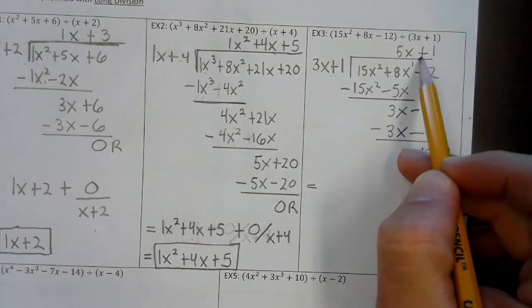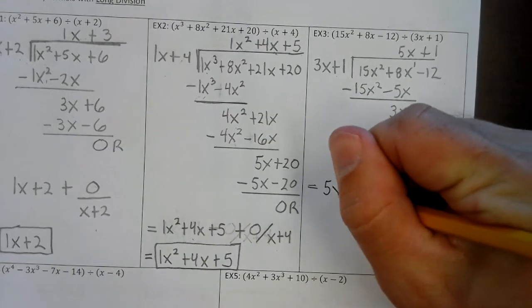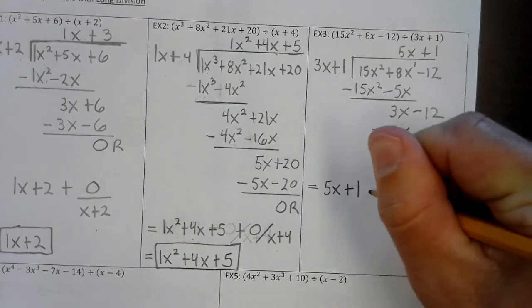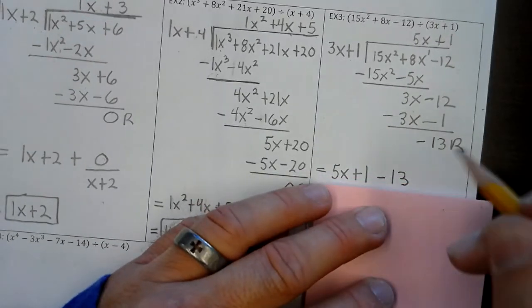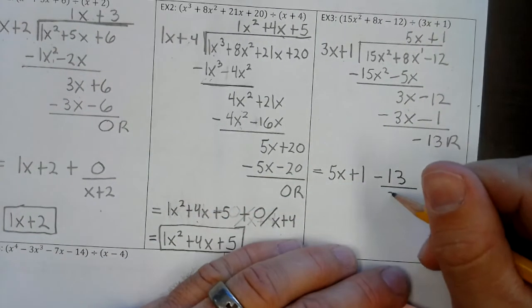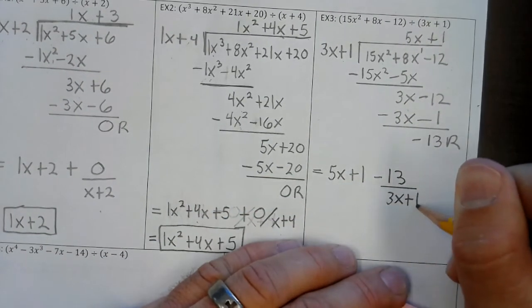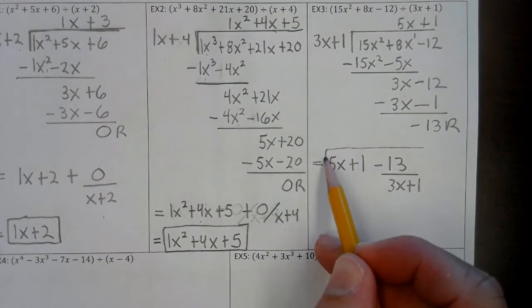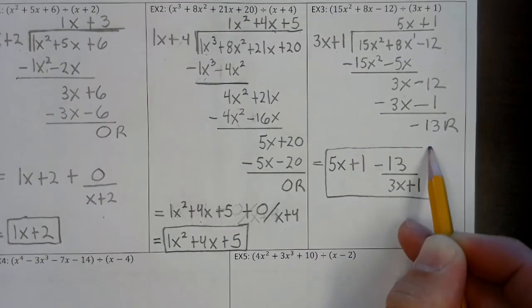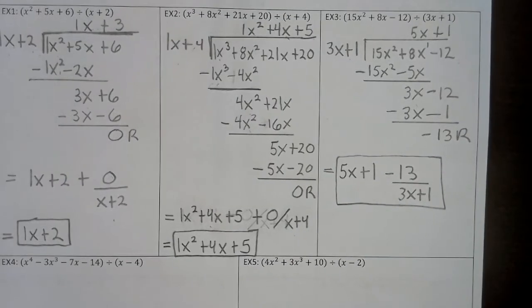I have to remember to look at here. So it's 5x plus 1 minus 13 divided by 3x plus 1.